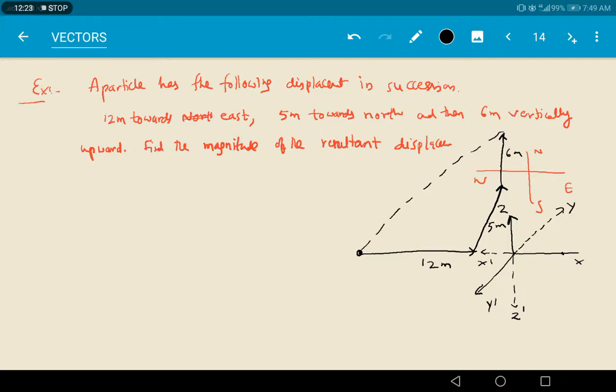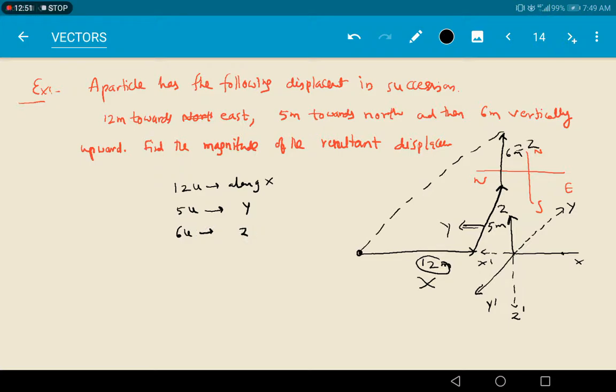If you analyze this, it is along x axis, along y axis, and along z axis. That means we are getting 12 units along x, 5 units along y, 6 units along z.